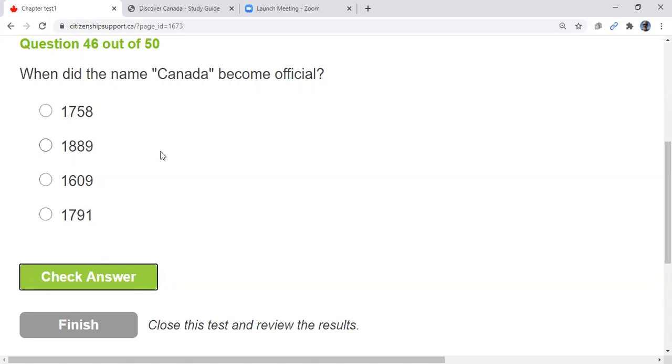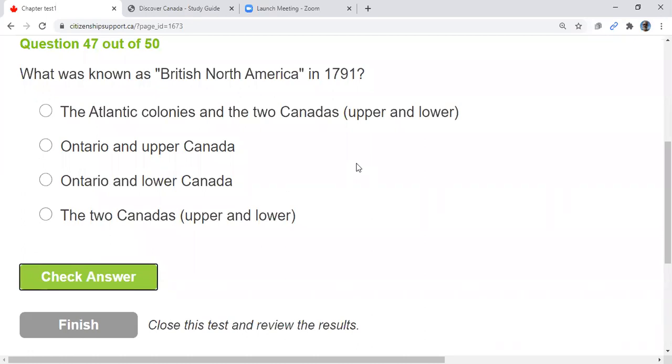In 1791? Yeah, very good. That was also part of that Constitutional Act. Yeah. Very good. And then, let's see, where do we go now? So this is back to Manal, I think. Okay. What was known as British North America in 1790?